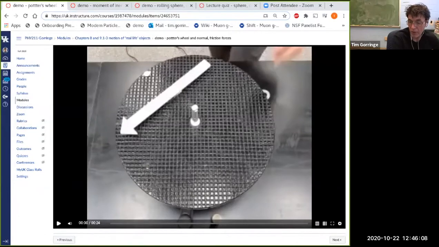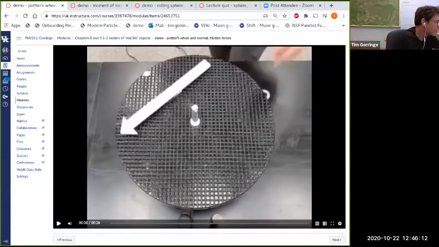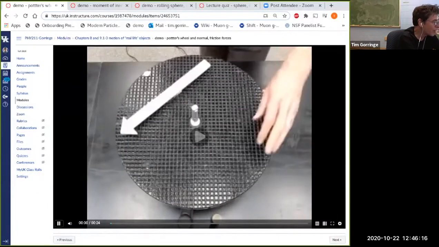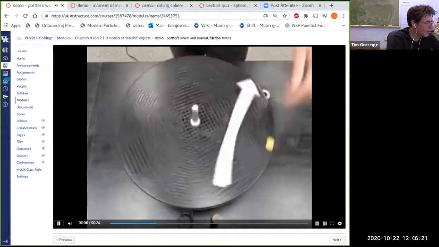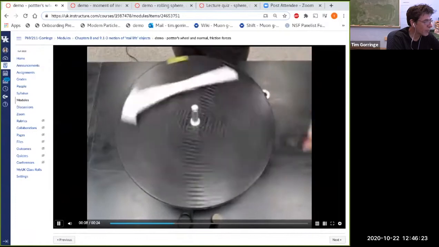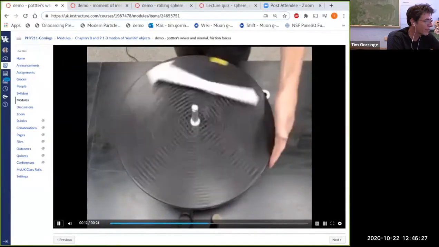This is my potter's wheel at home, and I mounted an arrow on it for some reason. I'm going to start it spinning. And then I'm going to do exactly what the potter in the question does. I actually didn't have a wet rag, but I had a wet hand.